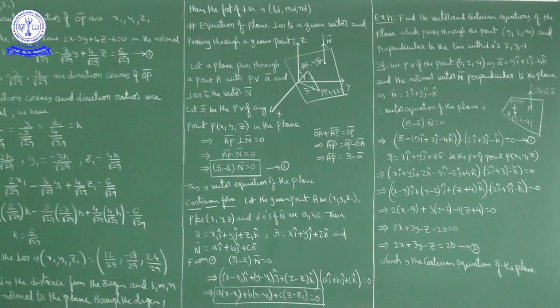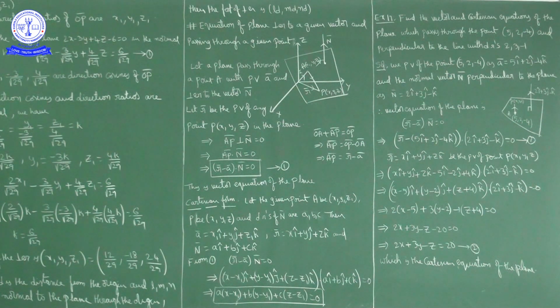Now what we know, AP bar is a vector in the plane and N bar is normal to the plane. So AP bar and N bar are perpendicular to each other.